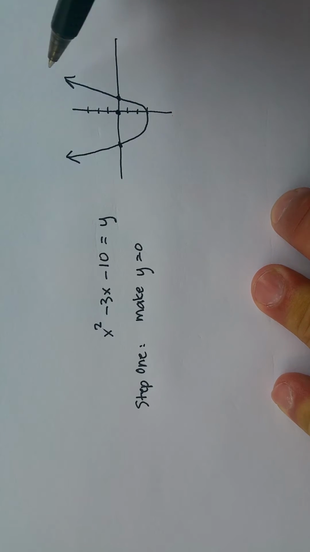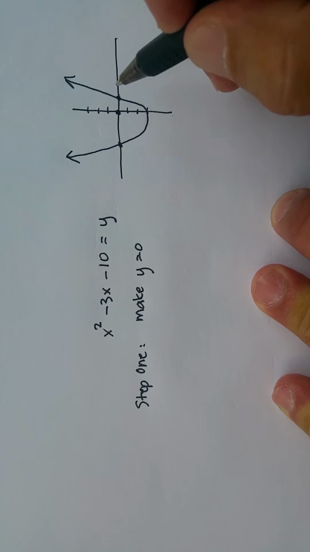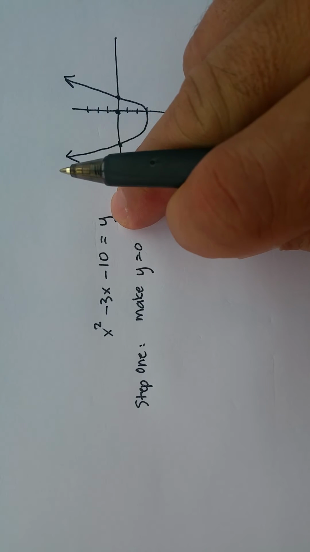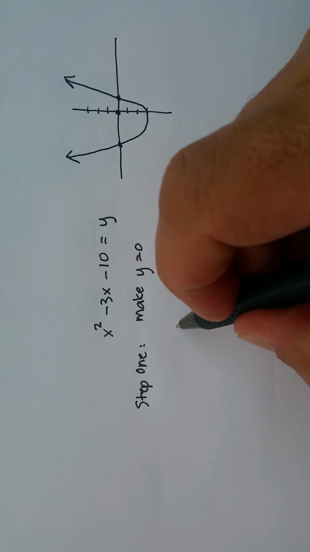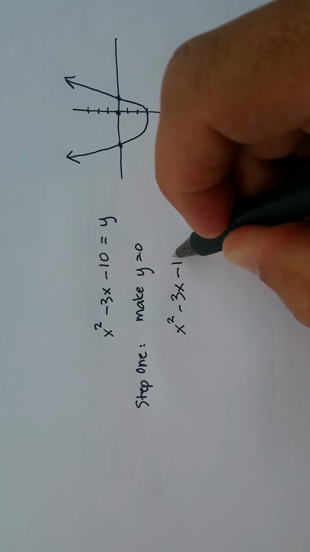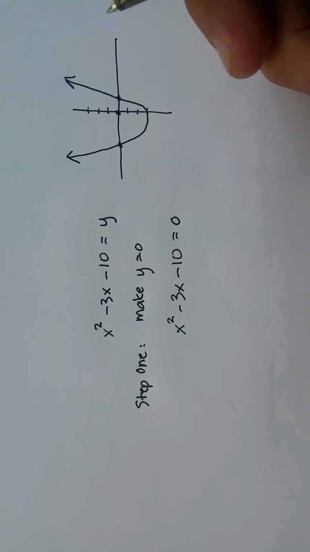So if we're looking for where the x-intercepts are, and this is an x and y coordinate, the y always has to be 0. All right, so the first thing to do is to make y equal to 0. So let's just do that. X squared minus 3x minus 10 is equal to wherever y is 0.